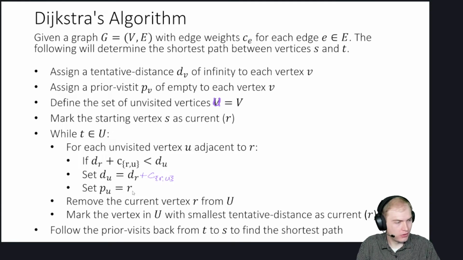Once we do that for all the neighbors of R, we remove R from the unvisited set. Then we mark the vertex in the unvisited set with the new smallest tentative distance, the new smallest d value, as current. And then we perform our while loop again.